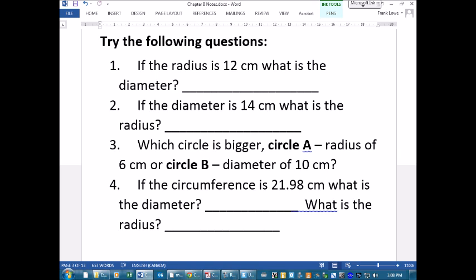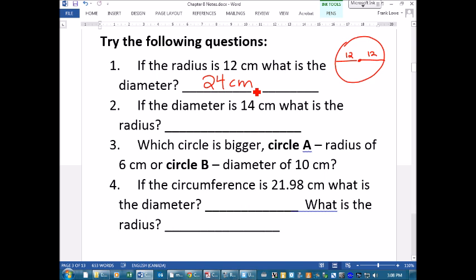Okay, here we go with the answers. So if the radius is 12 centimeters, so just if you need a visual, the radius is 12 centimeters. What is the diameter? Okay, well, radius is half of the diameter. So that means we have another one over here, which is also 12, and together they make up the diameter. So the diameter is 24 centimeters.